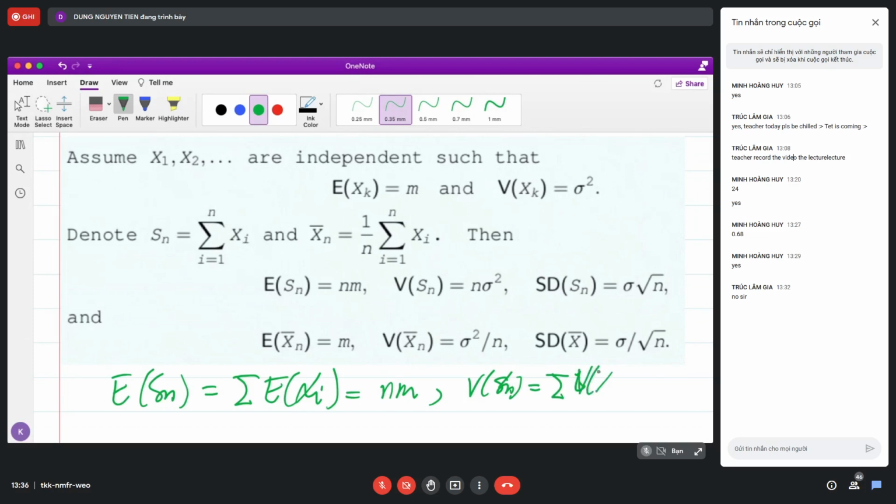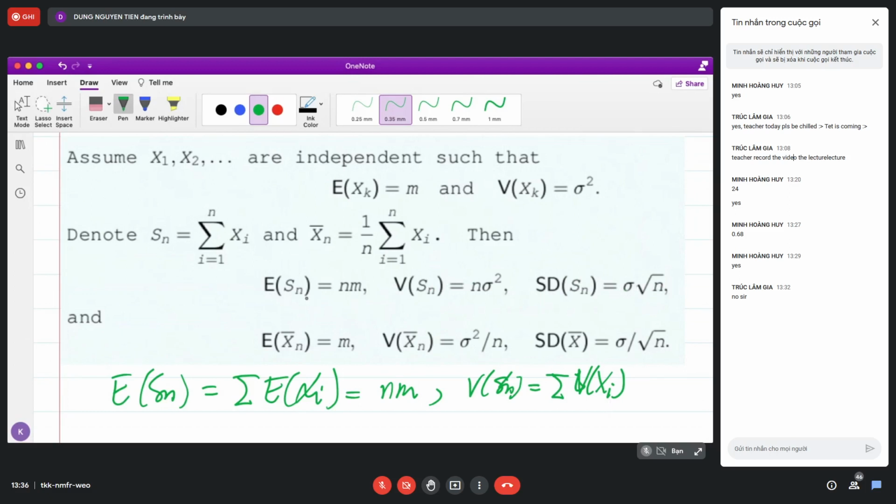How can we do that? The point is that all the xi are independent. The variance of each xi is sigma squared, so the variance of Sn is n times sigma squared. We can also find the standard deviation of Sn, which is the square root of the variance, so you get sigma times the square root of n.